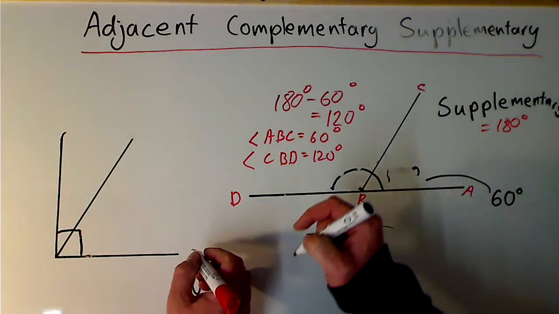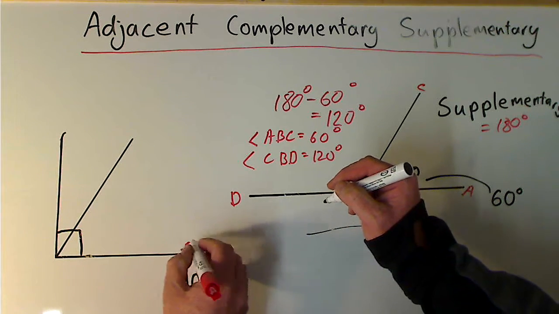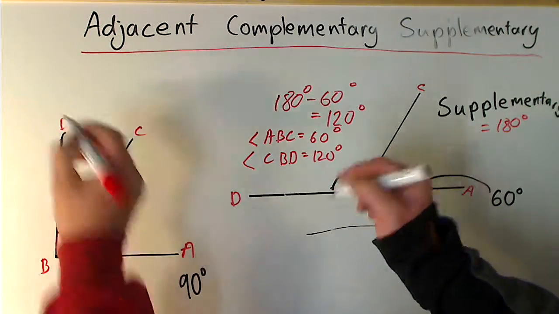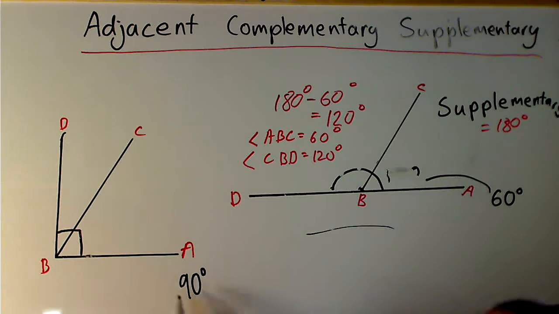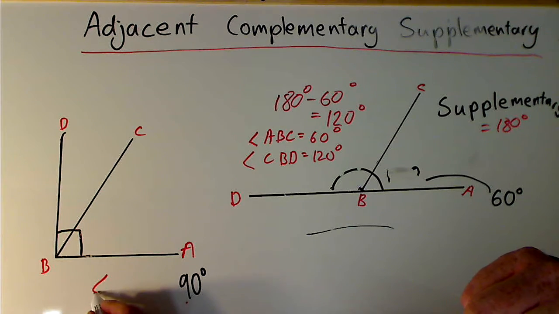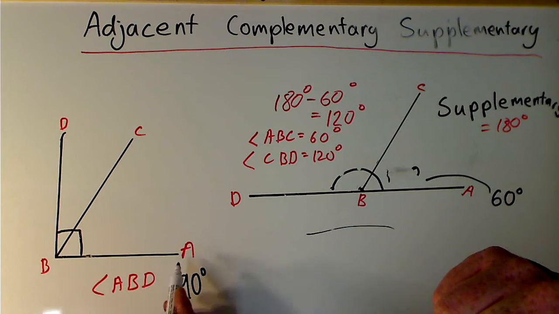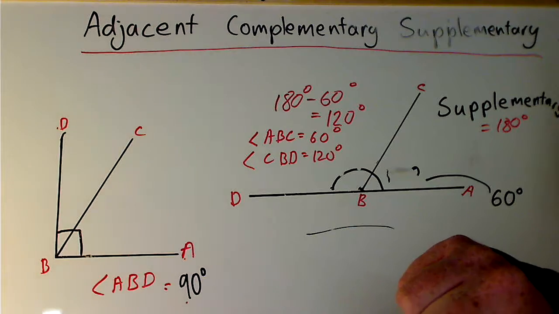So could I be really tricky? Correct me if I'm wrong. A, B, C, and this is D. Could I say that angle ABD equals 90? Yeah, angle ABD equals 90.